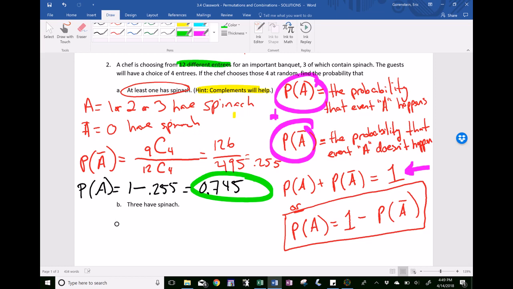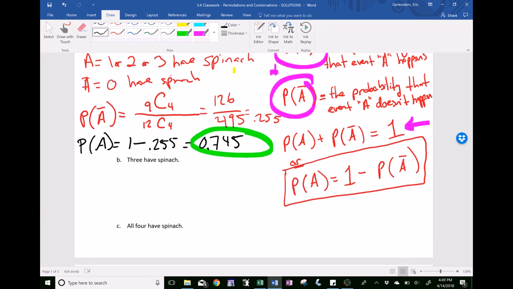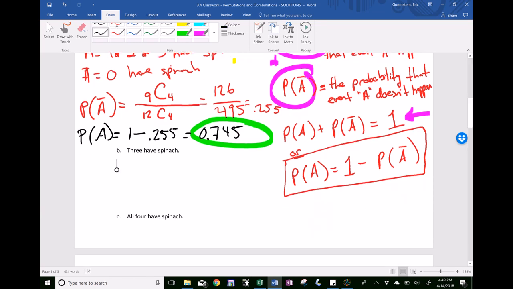In part B, what's the probability 3 have spinach? If there's 4 entrees to select, so entree number 1, 2, 3, and 4. For the first 3, there's only one way to choose them because there's only 3 spinach options and we have to select all of them.